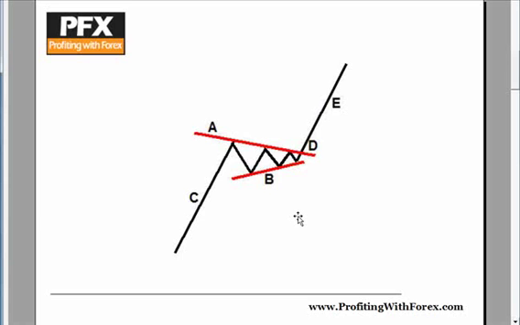Now, what a price pattern really is, is a visual representation of investor psychology. And I want to say that one more time. It's a visual representation of investor psychology. And I want to walk through a couple of these price pattern diagrams to show you exactly what I mean. Right here, we're in an uptrend. It's coming along, and boom, we hit a level of resistance. As we hit this price point, something happened in the market that caused the sellers in the market to take control from the buyers.